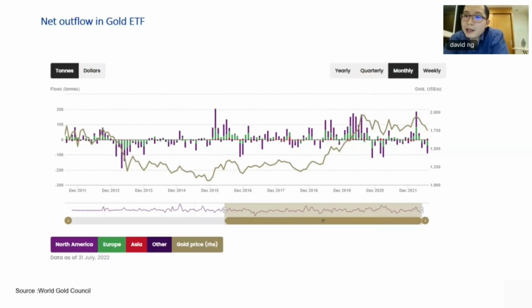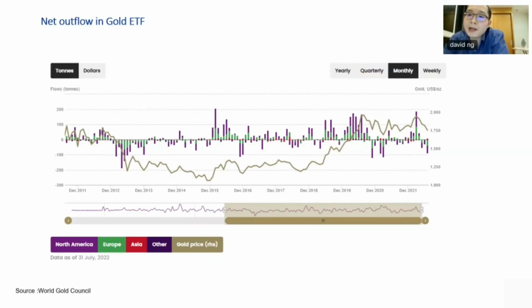We need to get a little bit of understanding of the reasons that cause the outflows away from the gold market. That could be attributed to several reasons, so it's important for us to understand what those reasons are in order to make a better judgment. Right now, for at least the past couple of months, we are seeing a lot of outflows.